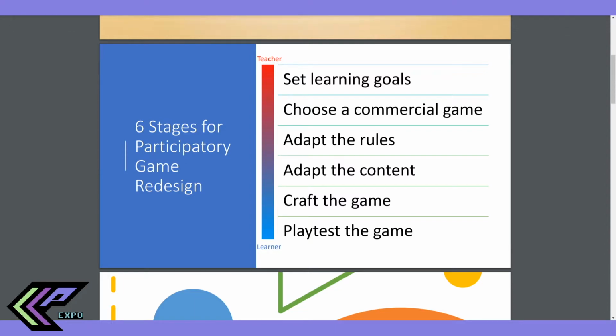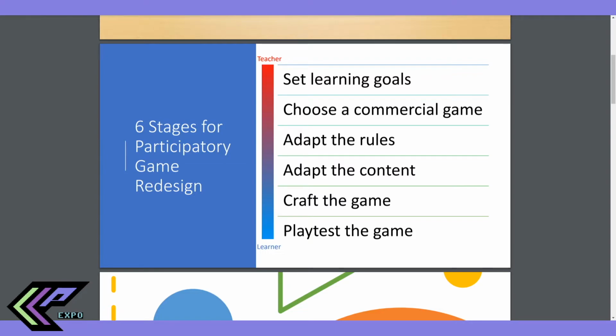And then students would put in their own input in adapting the content, making some decisions there, and also crafting the game, which, through my own practice, I found students love: creating and drawing, at these ages of 8 to 12.